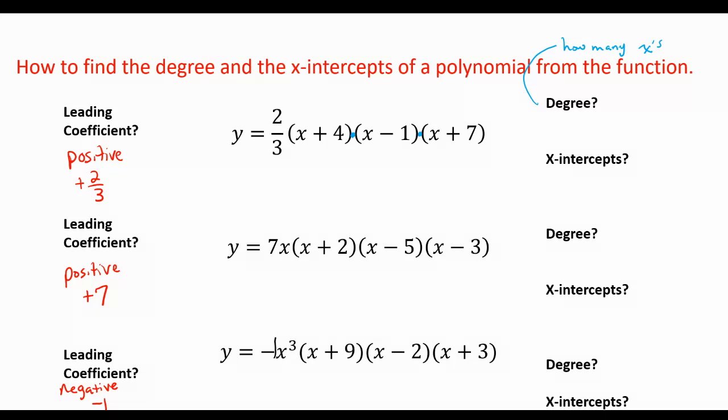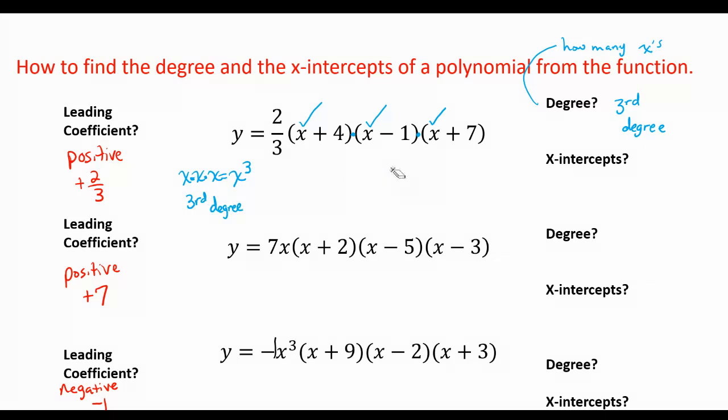When you have parentheses together, it means to multiply. So what is x times x times x? It's x to the 3rd. So this is 3rd degree. So you count your x's. I'm just going to write that off to the side, so I have a little bit of room. So this is 3rd degree.